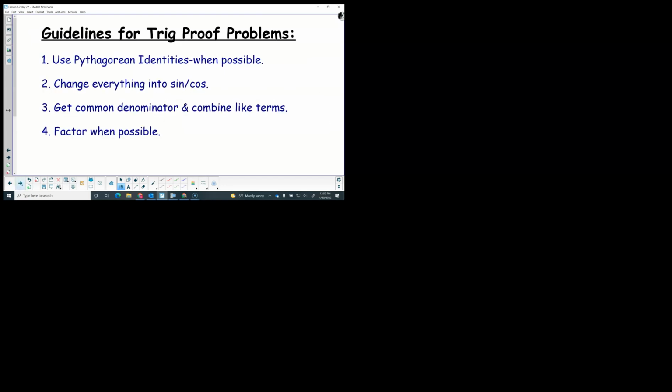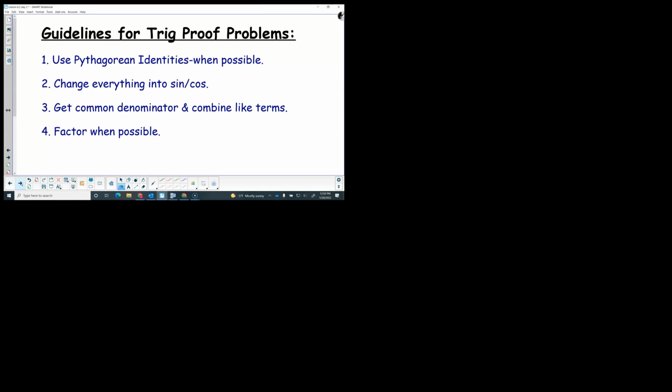Next on your note card, I'd like you to add these guidelines for solving trig proof problems. The challenging part about solving these trig proof problems is that they're not done exactly the same way every time. So these guidelines will help you as far as your approach on these problems. The first thing I always try to do is guideline number 1. I try to use a Pythagorean identity.